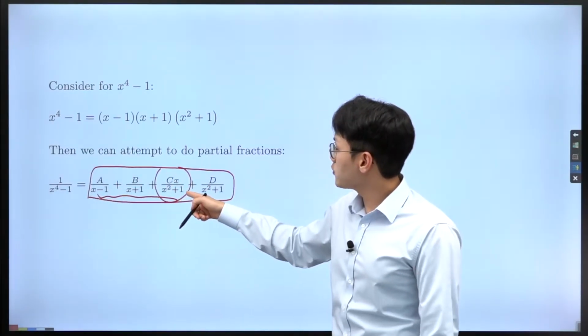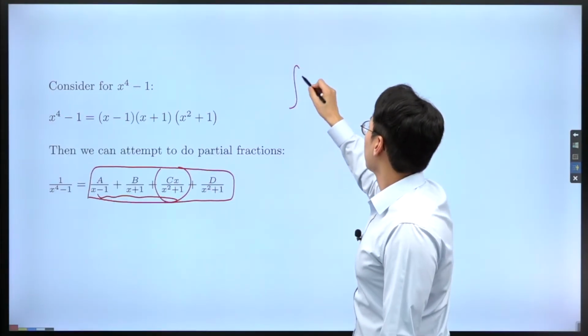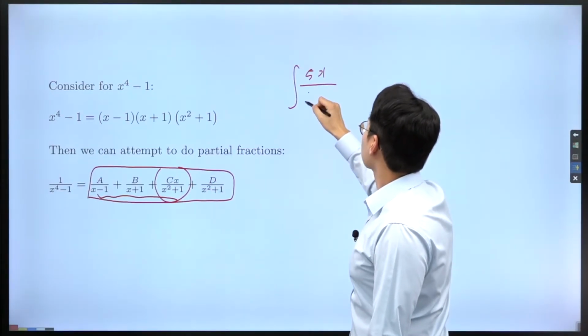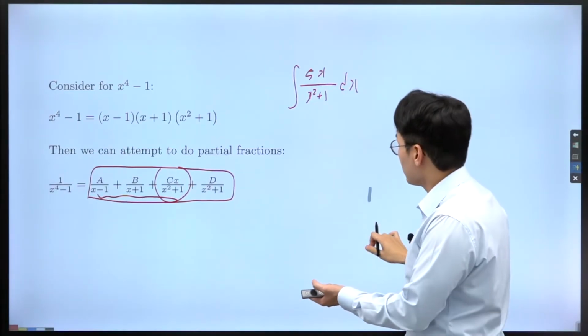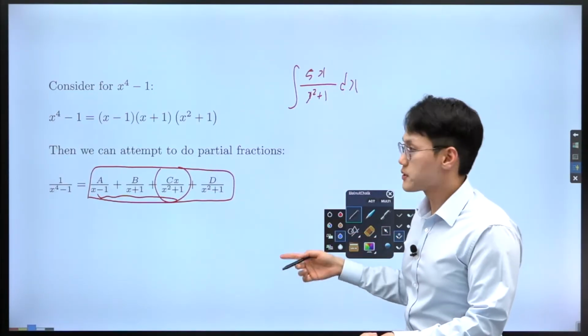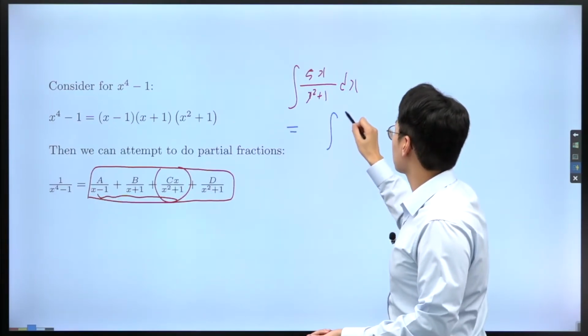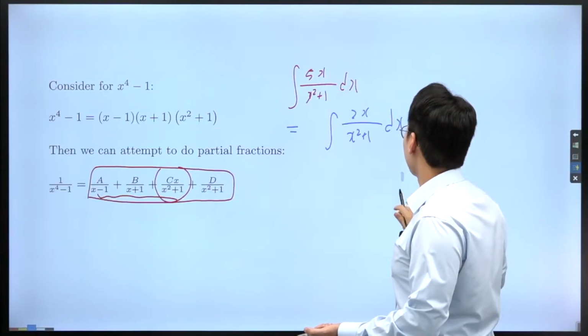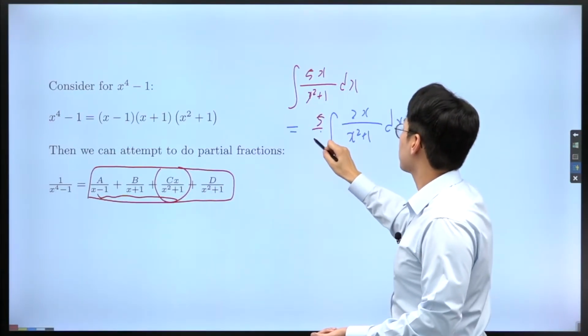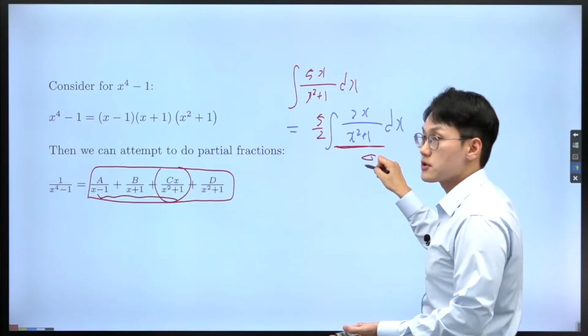But if you look at the third one, for example, if I had, let's say, 5x over x squared plus 1. I'm not saying that is the case, but if it was, then it would be simply logarithms, because I can arbitrarily make this a 2x on the top over x squared plus 1. And then for the coefficient of 5, I have to multiply by 5 over 2. And that would come out just as logarithms, isn't it?